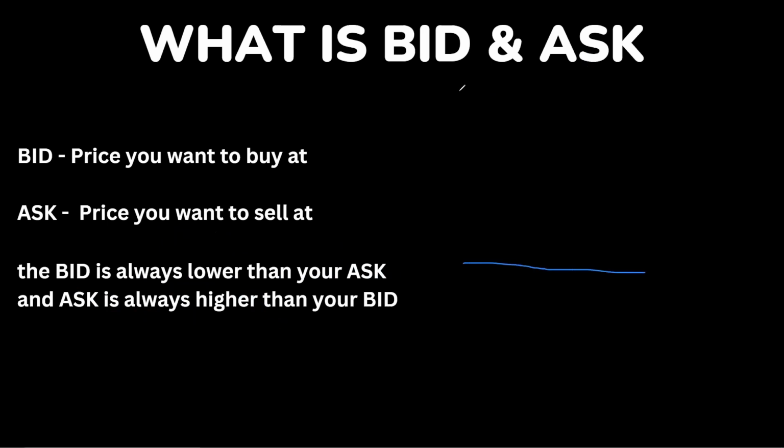It might be blue, and then your ask might be red up here, right? Ask is the red, bid is the blue, right? If you want to buy, you're going to be buying here. And if you want to sell, you're going to be selling down here. That's basically how the bid and ask works.